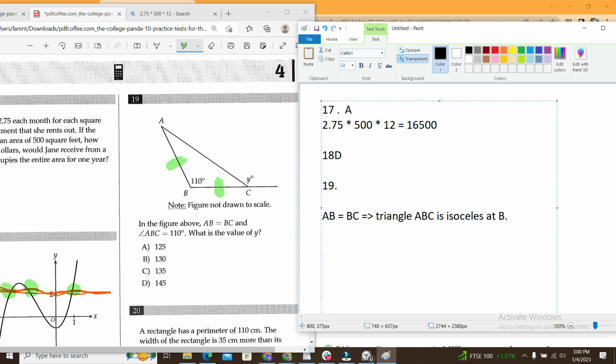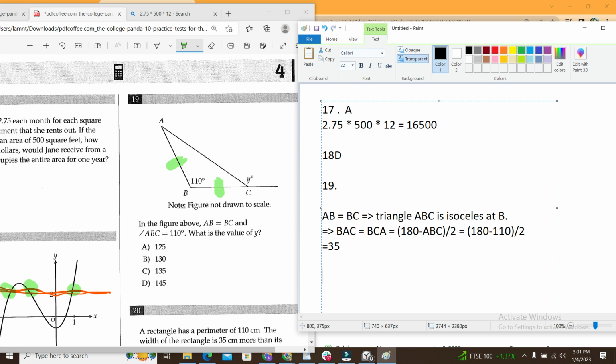Therefore, we have the angle BAC equal to BCA, and that's just 180 minus ABC, over 2. That is 180 minus 110 over 2. Okay, 180 minus 110 is 70, divided by 2, that's 35, right?